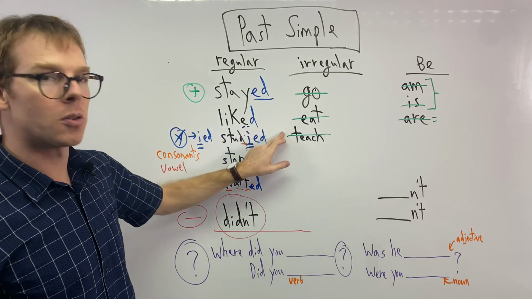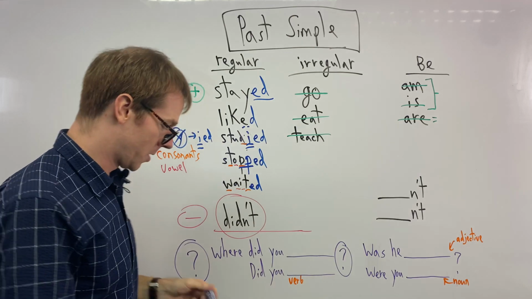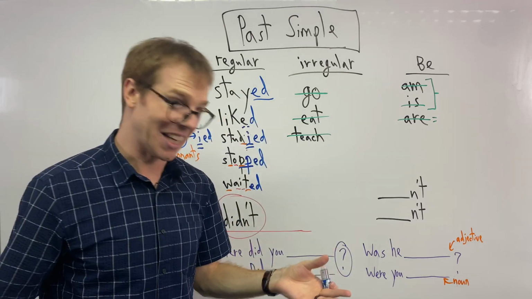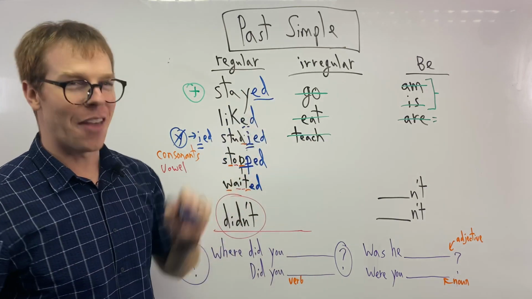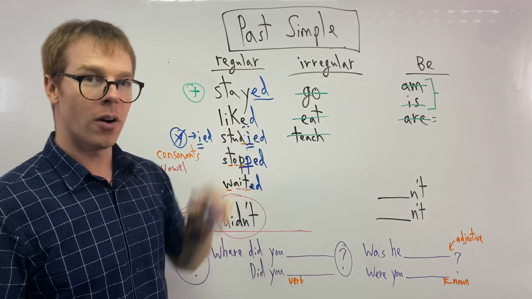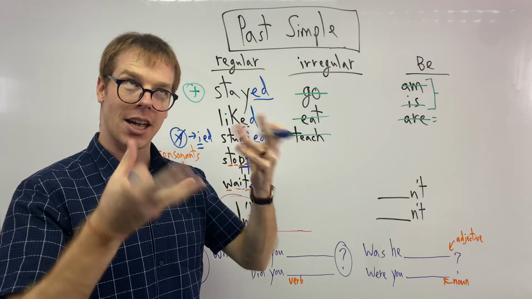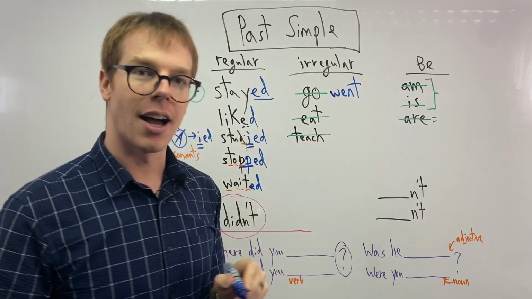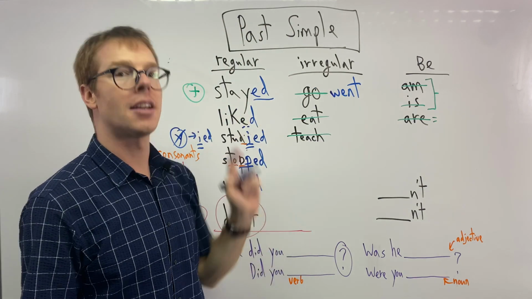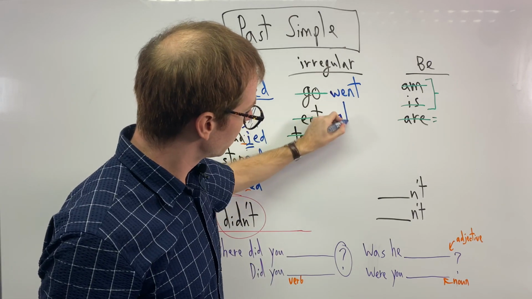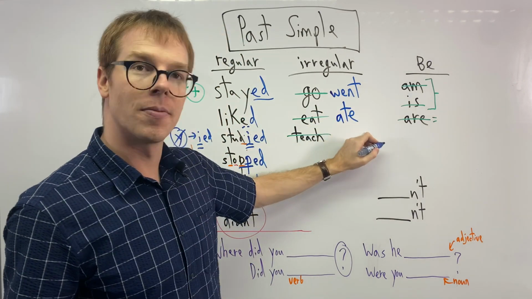Now let's go to irregular verbs. Irregular verbs, we change the word completely. No ED. I think you might know some of these already. If you have go, we change to went. I go, yesterday I went. Eat changes to a new word, ate.